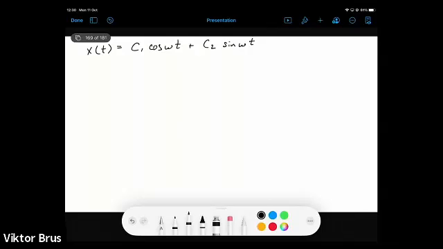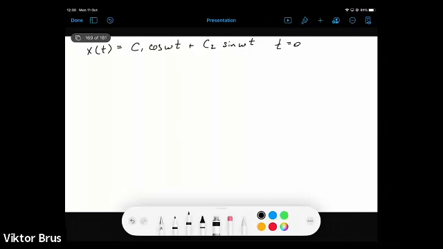So now we have this general form of solution for our differential equation, and we need to apply boundary conditions. Boundary conditions are the following. Let us consider time t equal to 0.